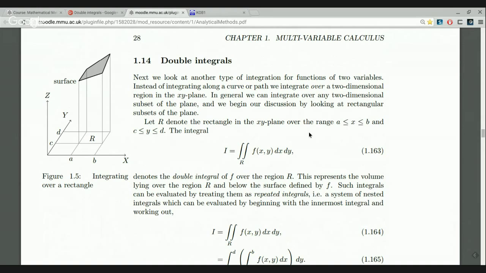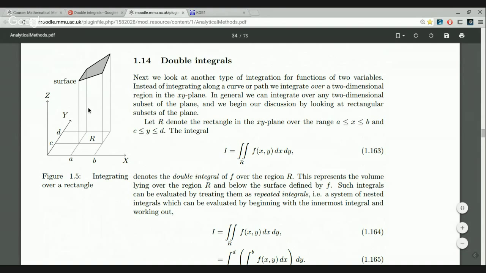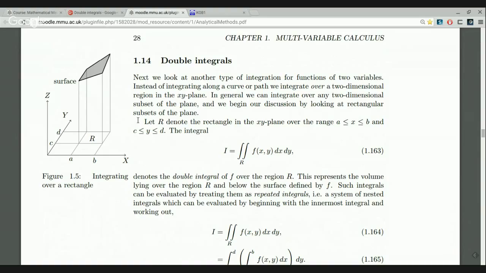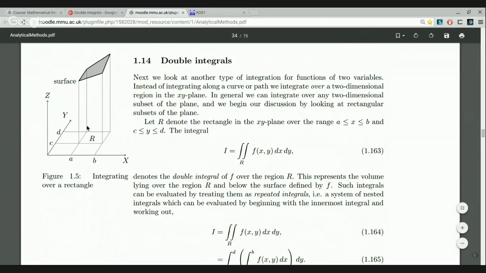This is going to give you the volume of this tower that's depicted in figure 1.5. It's going to give you the volume of the space that lies over the region R, a kind of cylinder with straight sides over the region R, and the top boundary of the volume is provided by the surface defined by f. So we're talking about the volume lying in this little tower shape.